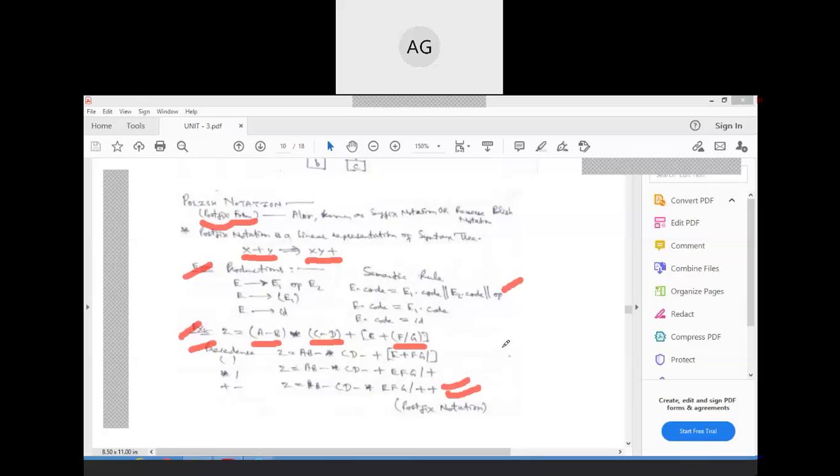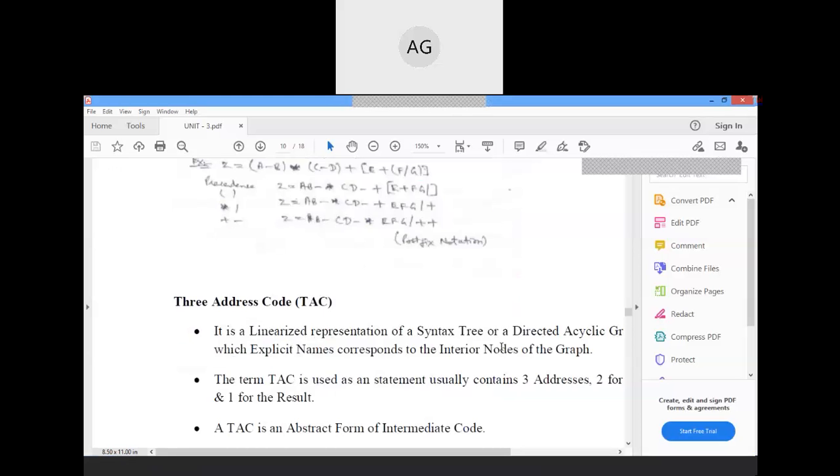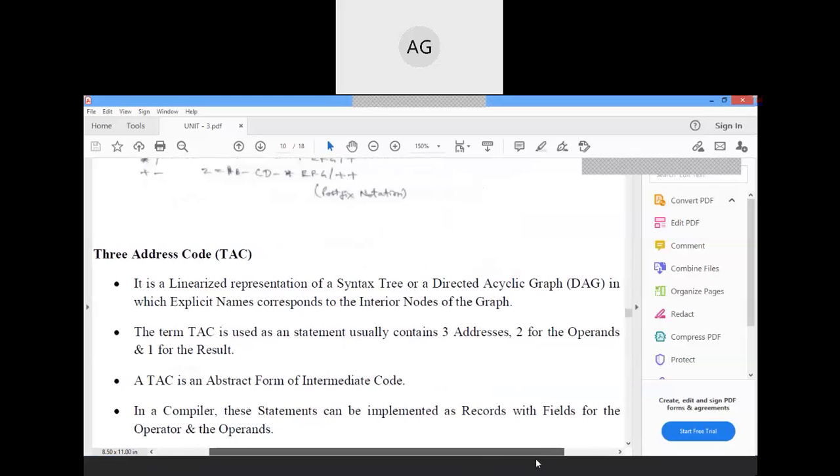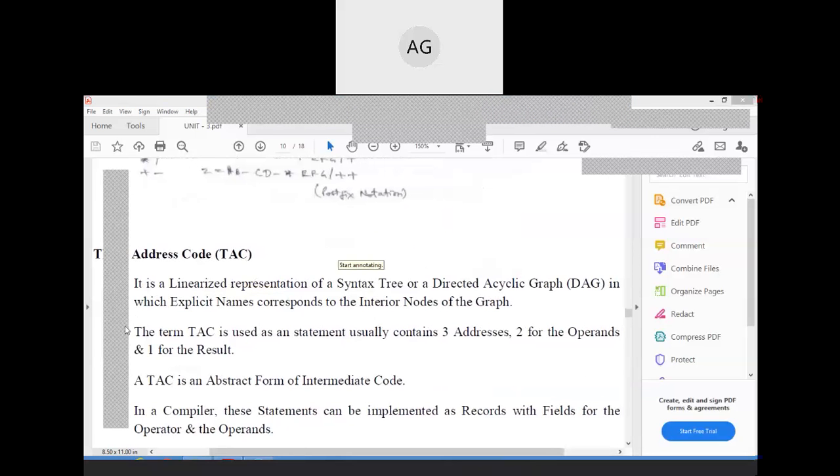Now the important topic which we are going to take here is the three address code, and it is much more used in compiler design.